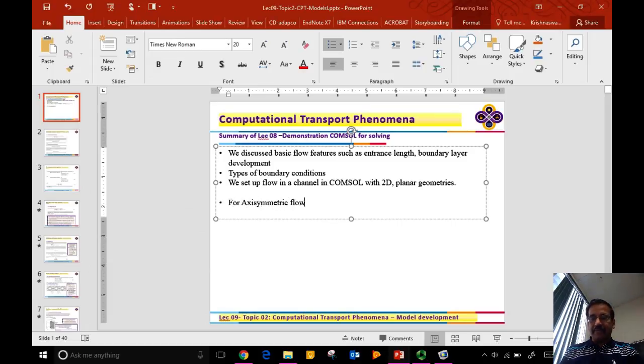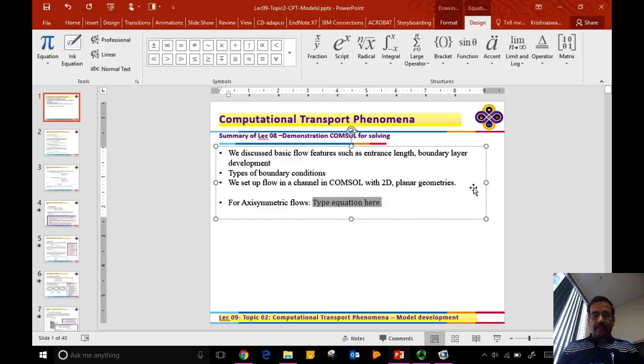For axisymmetric flows, what should the velocity field look like? If V is the velocity field, velocity is a function of R, theta, and Z. The velocity field is a vector and will have all three components, and they're going to be functions of R, theta, Z in general.